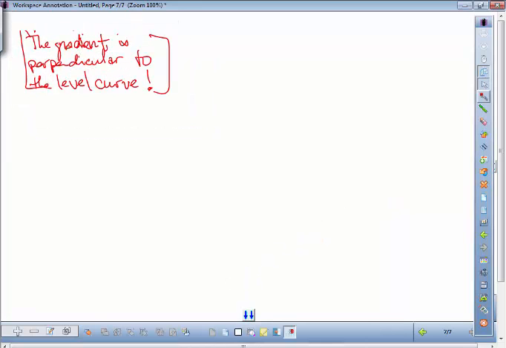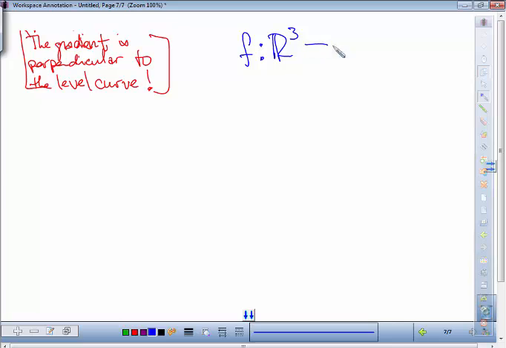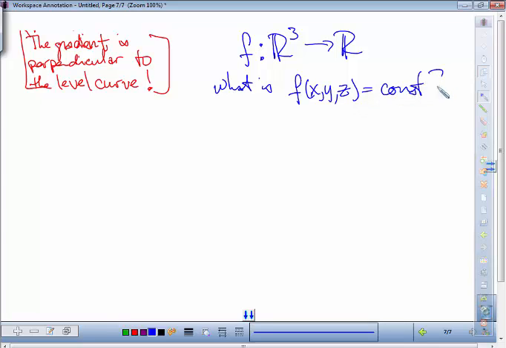Keeping the same piece of information, let's take a look at a function going from R3 to R. Okay? So the question is, what is f of x, y, z equal to a constant?